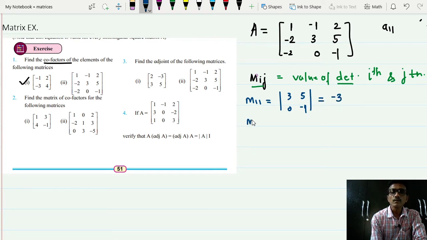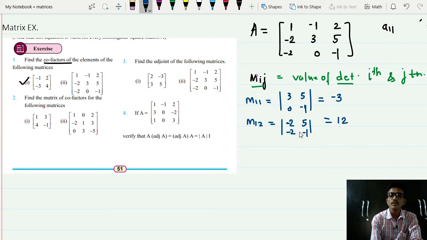Then M12 is the value of the determinant obtained by deleting the element of first row and second column. So what are the remaining elements? Minus 2, 0, 5 and minus 1. What will be the expansion of these? Minus of minus 10, that is plus 10, and this plus 2.